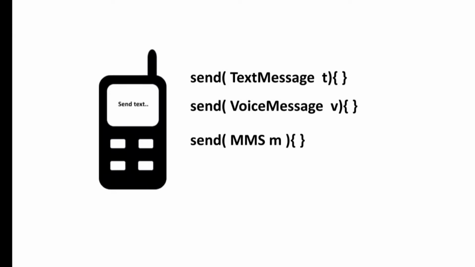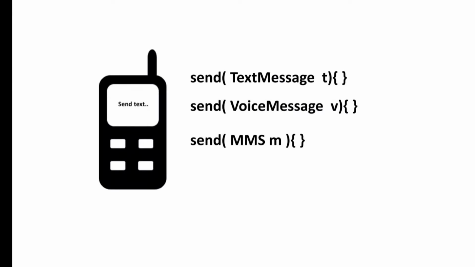So the first method is going to perform the task of sending a text message. Similarly, the second method is going to perform the task of sending a voice message. And the third method is going to perform the task of sending MMS. So all three methods are doing the same task, but the functionalities are different because in each method we are adding extra functionality without replacing or changing the existing one.